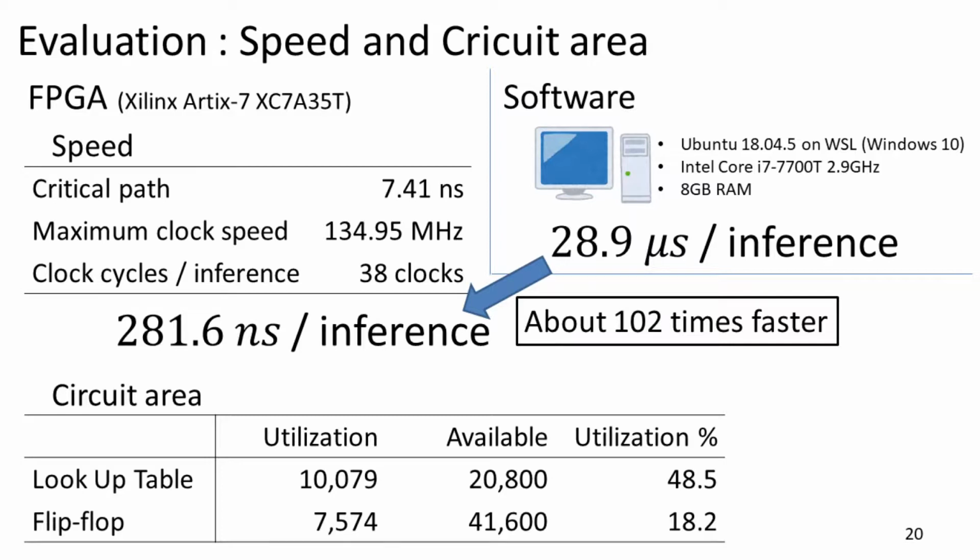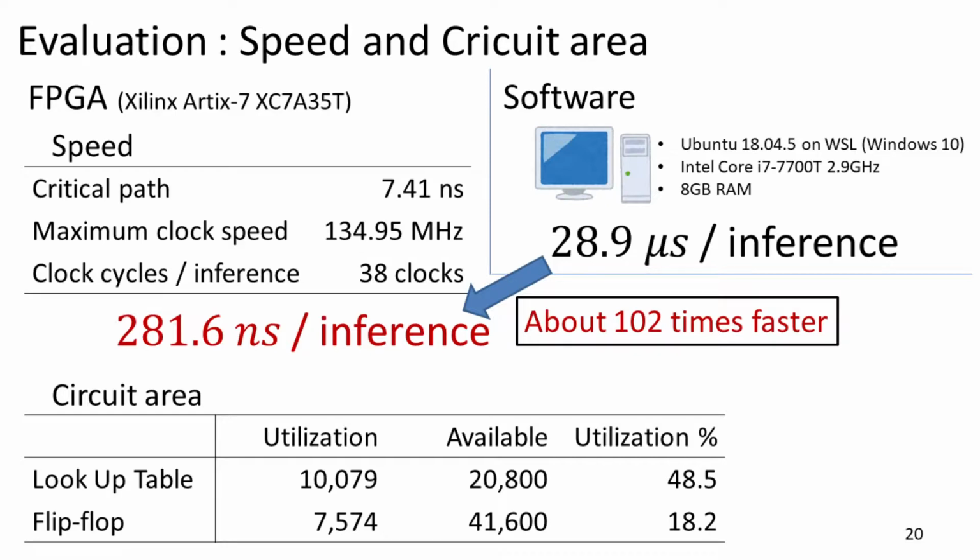Result of speed and circuit area are shown in this slide. The software generated by FDL2C can transact in about 28.9 microseconds per one inference on average. On the other hand, FPGA implemented using FDL2SV can transact 281.6 nanoseconds per one inference.